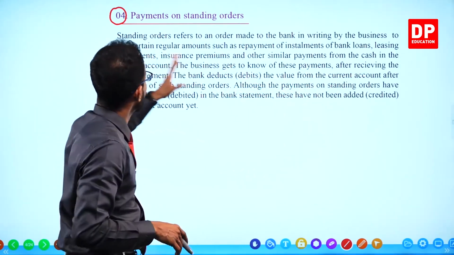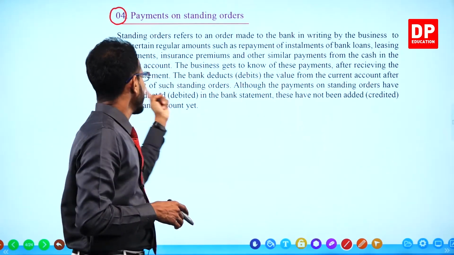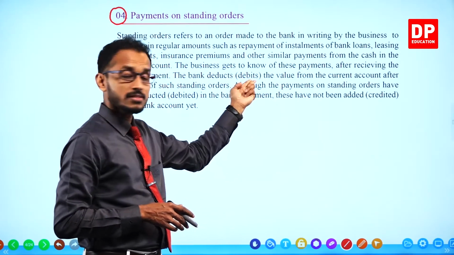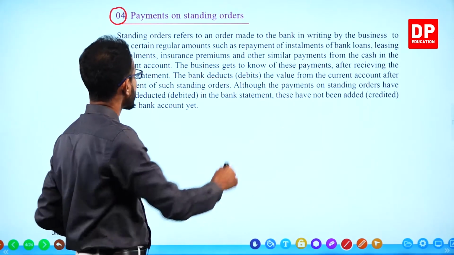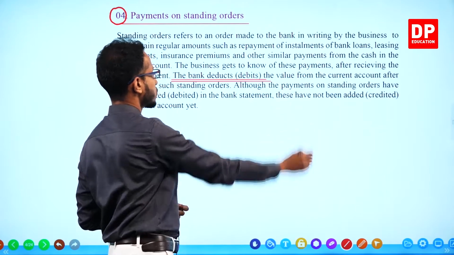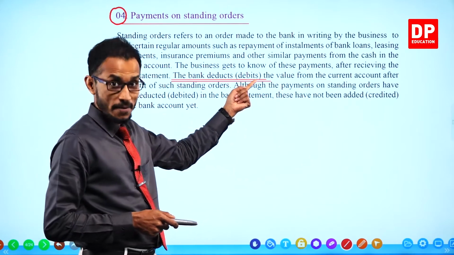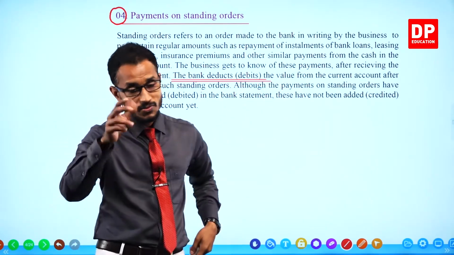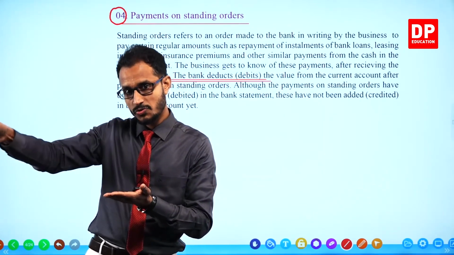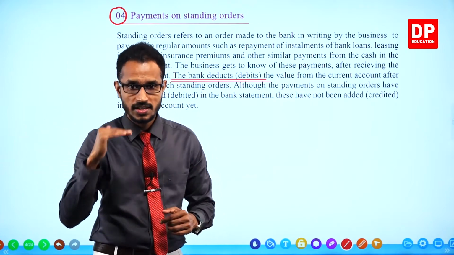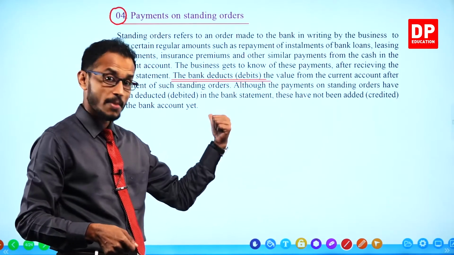These types of instances are called payments on standing orders. The bank deducts, or the bank debits. Remember, the bank is deducting and they are debiting the bank statement. When we issue checks, or when cash decreases from our account, we credit our bank account. But in the bank statement, the bank debits.